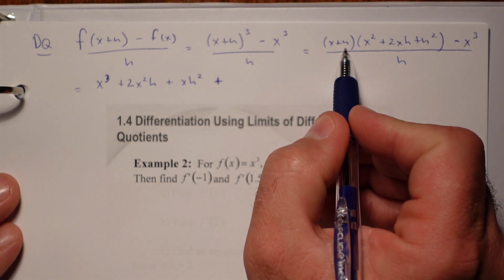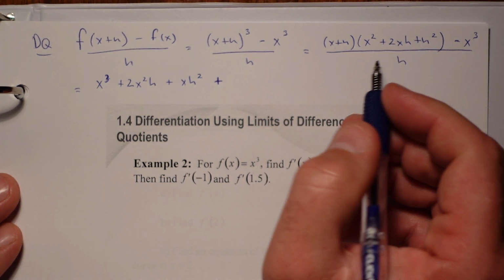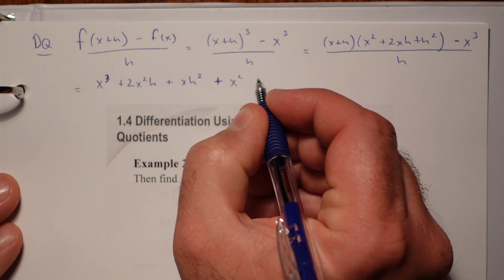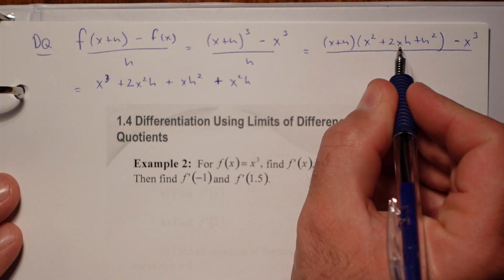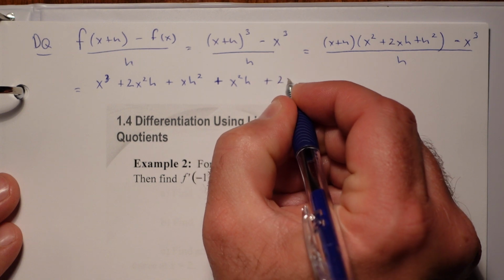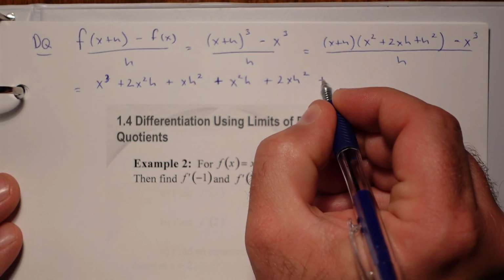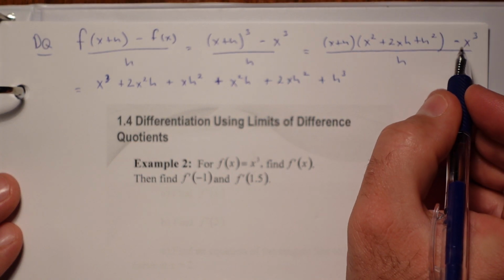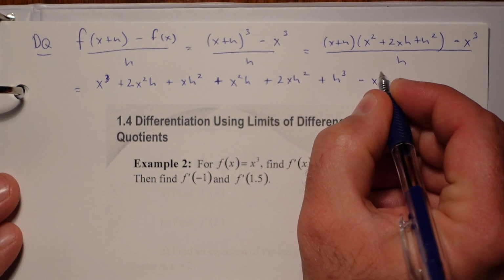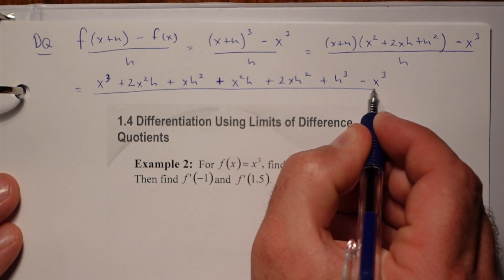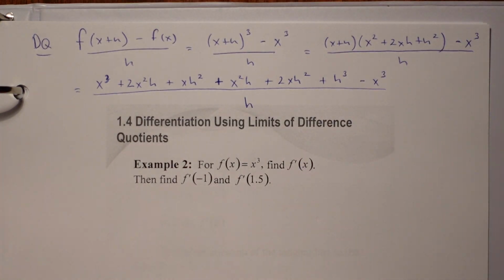Next, I'll distribute h to all three of these terms as well. So that's going to be an x squared h plus a 2xh squared, and then finally an h cubed. Don't forget you've still got the minus x cubed at the end, and this whole thing is still over h.